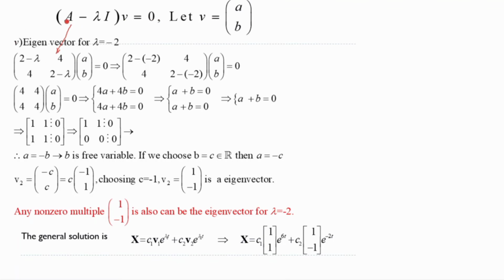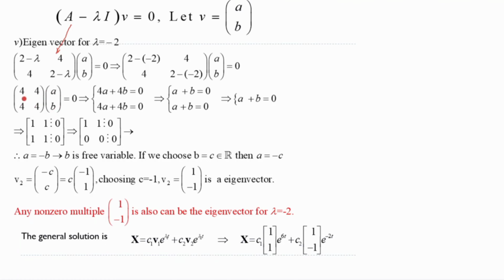We already know that A minus lambda I equals 2 minus lambda, 4, 4, 2 minus lambda, times (a, b), this is the vector v. Now we put lambda equals minus 2, then we get 2 minus minus 2, 4, 4, 2 minus minus 2. When we simplify, we get two matrices, 4, 4, 4, 4, times (a, b).